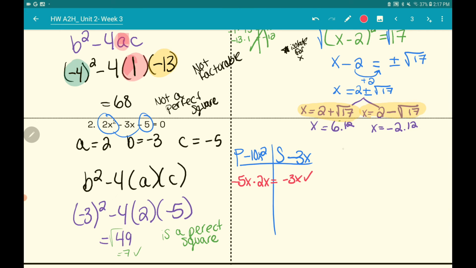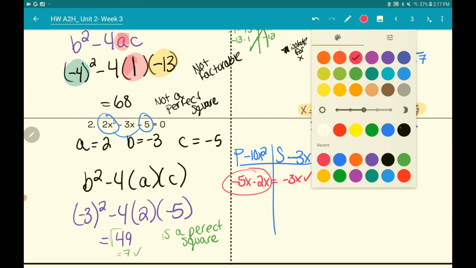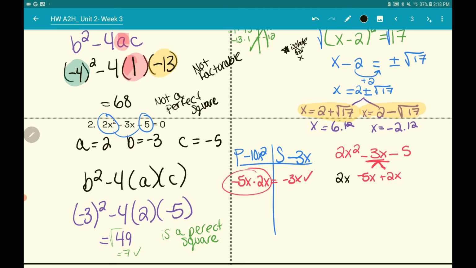So I'm going to rewrite my original. I'm going to replace my middle term. So instead of negative 3, I'm using my magic pair: negative 5x and positive 2. Everything else stays the same. And now this is what I'm going to use to factor.